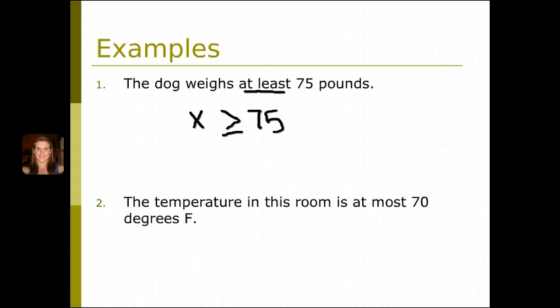Example 2, the temperature in this room is at most 70 degrees Fahrenheit. Put a variable on the left, your starting number on the right, and at most is saying that it cannot be any higher than 70 degrees. Therefore, the temperature has to be less than or equal to 70 degrees Fahrenheit.